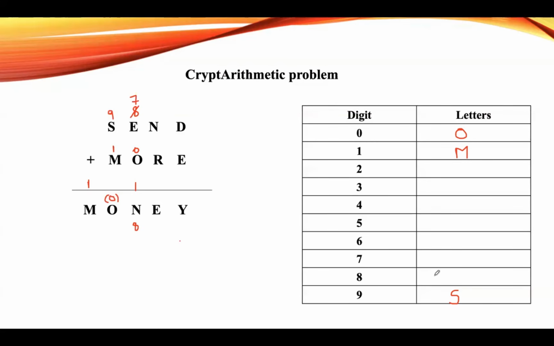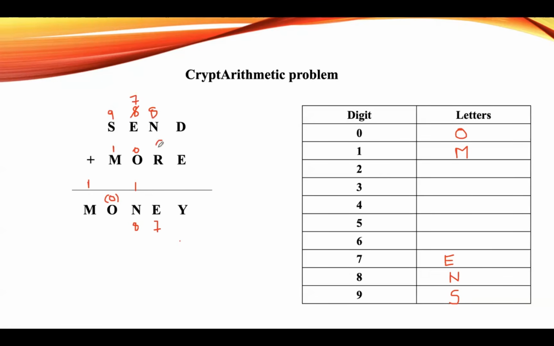Right? So 8 is assigned to N and 7 is assigned to E. So take 7 here for E. Now after adding these two values, you should get 7. Okay. So take 8 for N. And what is the next largest value? It is 6.